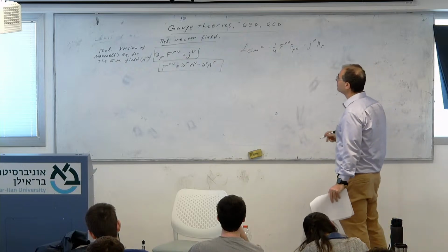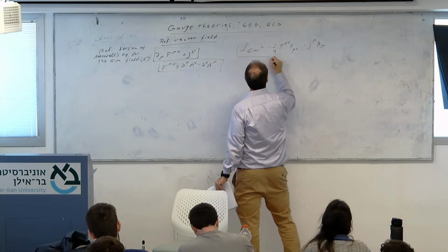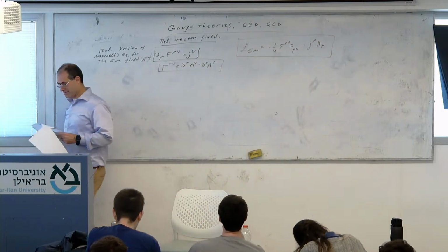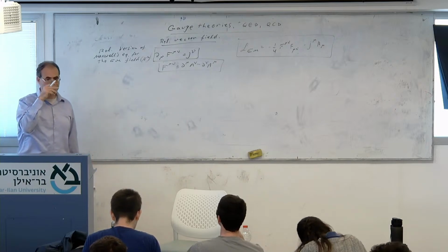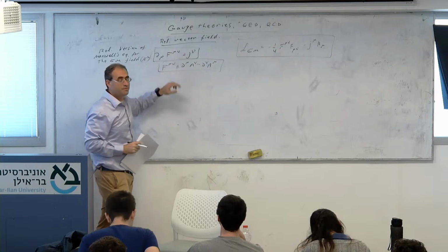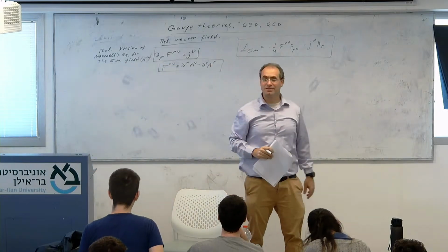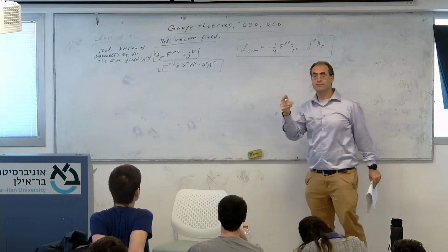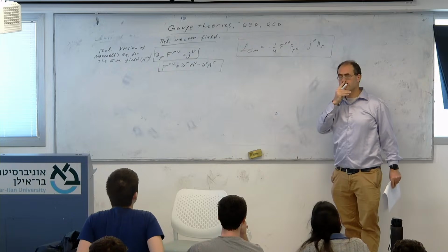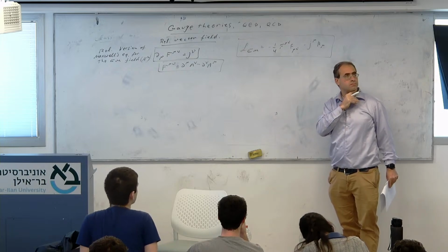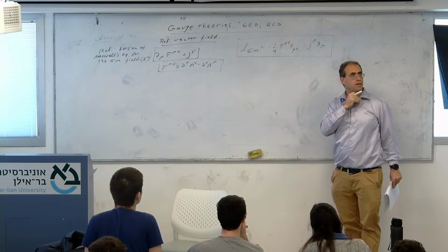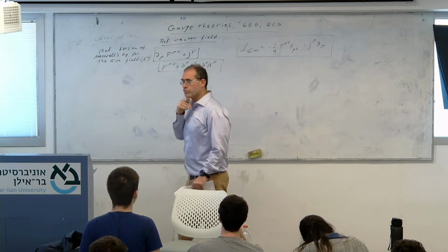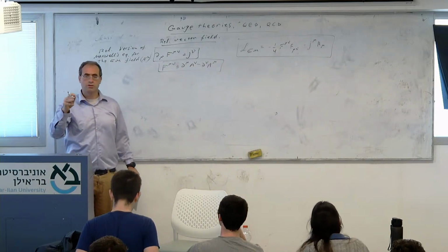If we apply the Euler-Lagrange equation of motion, what do we get back? Of course, we get back Maxwell. How many degrees of freedom are there? A mu is a real 4-vector. But we said that two degrees are degenerate, so there are really only 2 degrees of freedom.